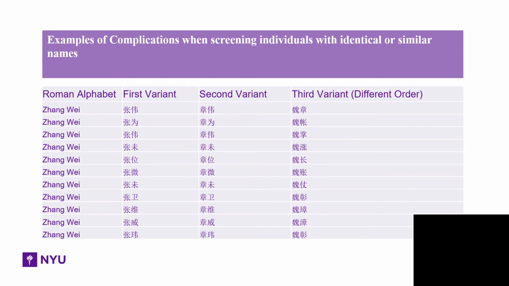The second variant is the same pronunciation but written in different ways. And the third variant is the order of the surname. In Western countries, the family name comes after your first name, but in China it's just the opposite. The family name comes before your first name. So that caused the 33 different kinds of variants.